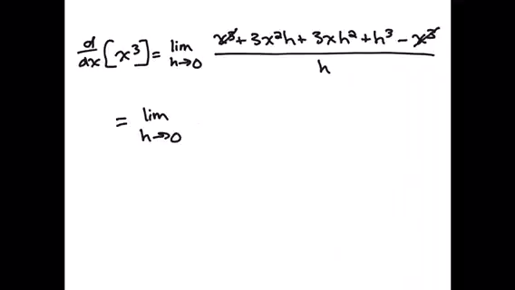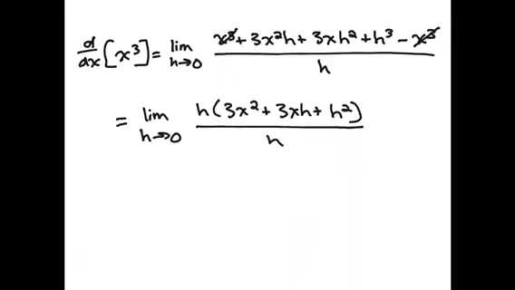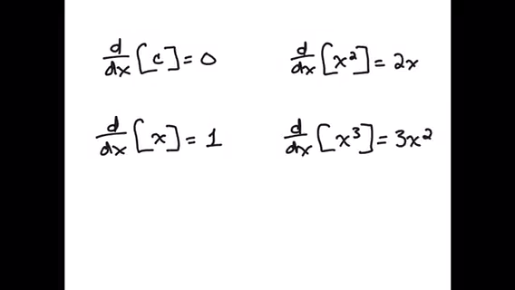And we can factor an h out of the numerator. That leaves us with 3x squared plus 3xh plus h squared all over h. And h divided by h goes to 1. When we substitute a 0 in here, both of these terms go to 0, and we are left with 3x squared.